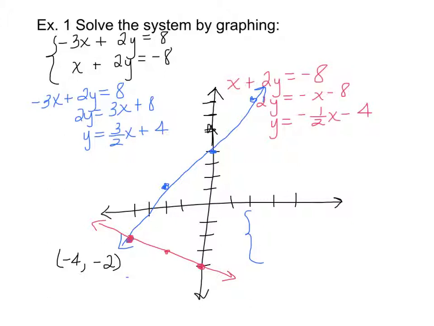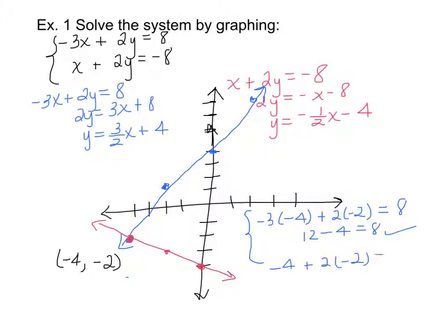So what I mean by that is you'll plug in -4 for x and -2 for y and see if it equals +8 for the first one. So that's 12 minus 4 equals 8, and that's true. And then the second one, -4 plus 2 times -2.